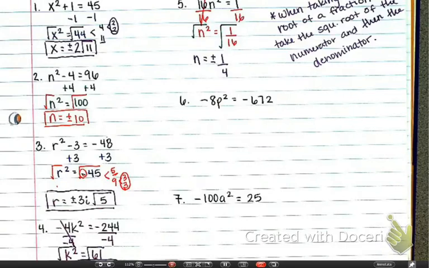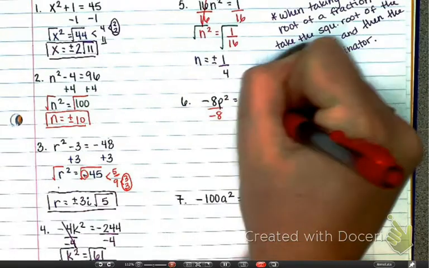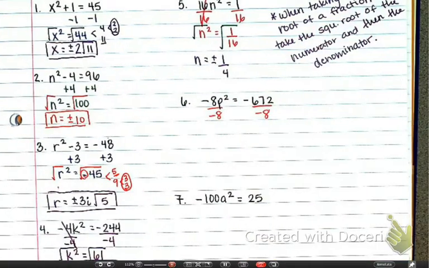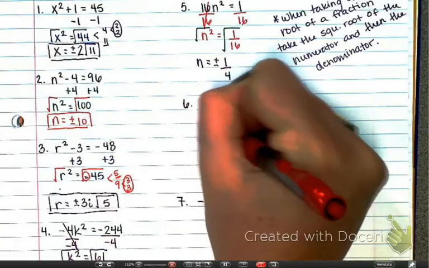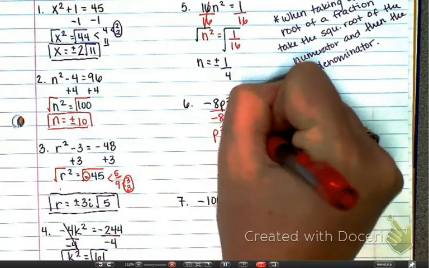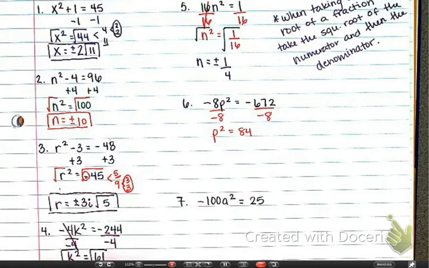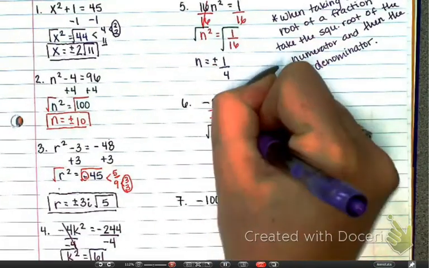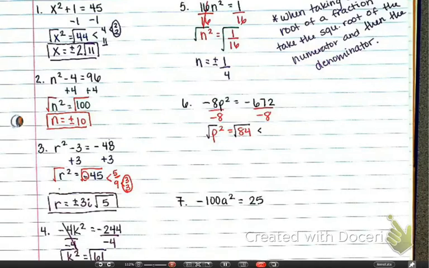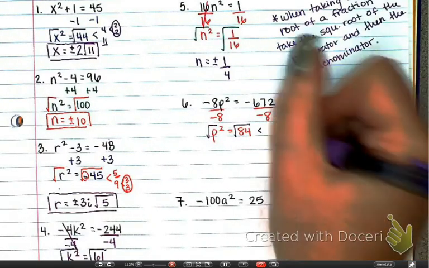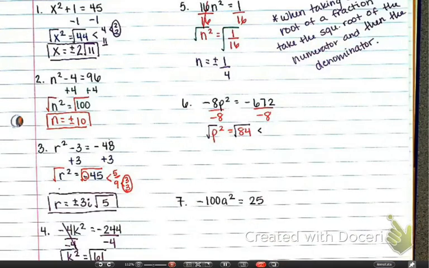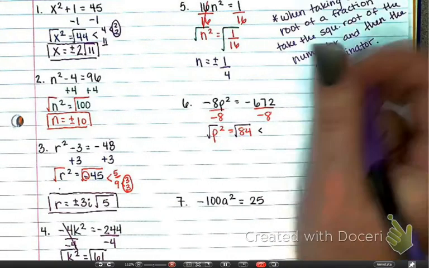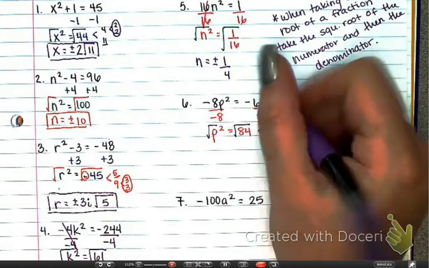Okay, number 6. You should have started by dividing by -8, and you get p squared equals a positive 84. Square root both sides. What did 84 break down to? Give me 2 numbers that multiply to 84. 4 and 21.